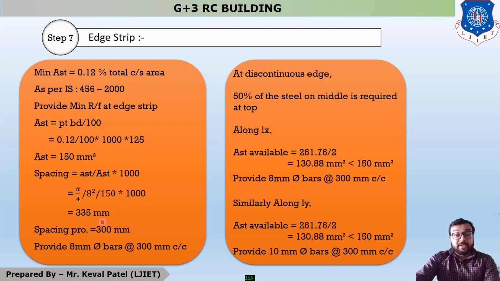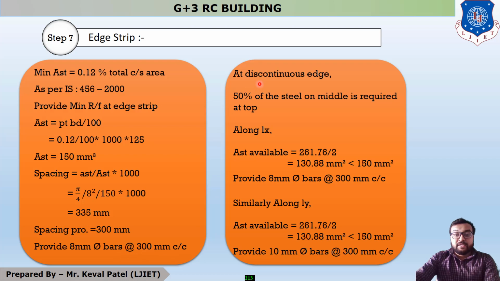But as per IS code provisions, this edge strip is also main steel, so your main steel spacing does not exceed 300 mm. So whenever this spacing is greater than 300 mm, then you have to provide 300 mm spacing. Okay. So your final answer is provide 8 mm diameter bars at 300 mm center to center.